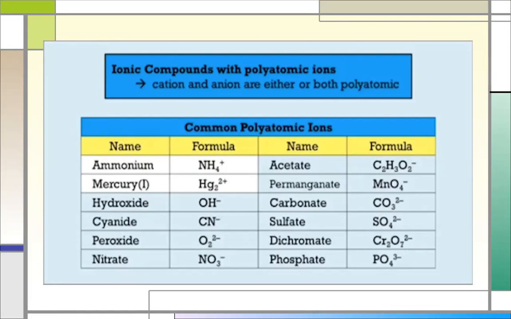Cyanide, CN negative; peroxide, O sub 2, 2 negative; nitrate, NO3 negative; acetate, C sub 2 H3 O2 negative; permanganate, MnO4 negative; carbonate, CO sub 3, 2 negative; sulfate, SO4, 2 negative; dichromate, Cr sub 2 O sub 7, superscript 2 negative; phosphate, PO4, 3 negative.